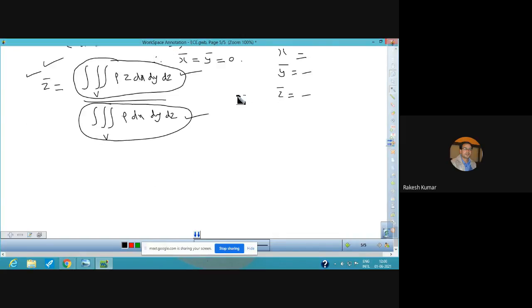Because we have an ellipsoid, x square over a square, y square over b square, z square over c square is equal to 1.